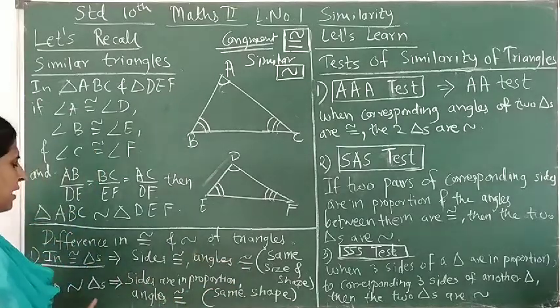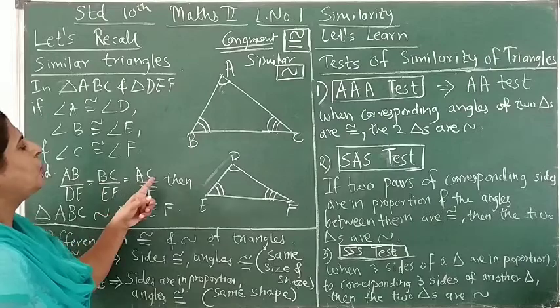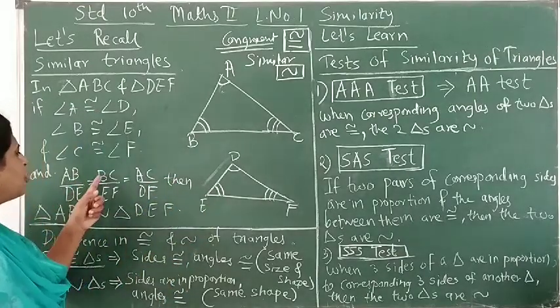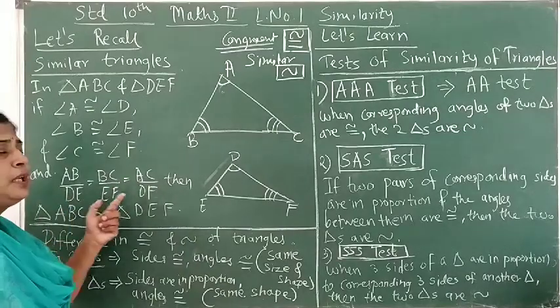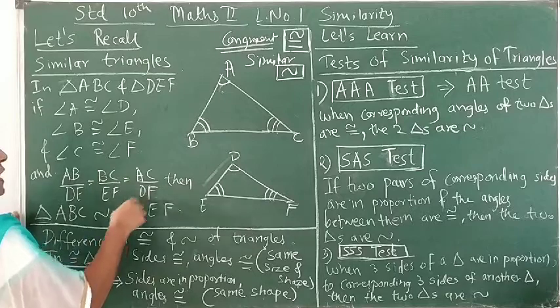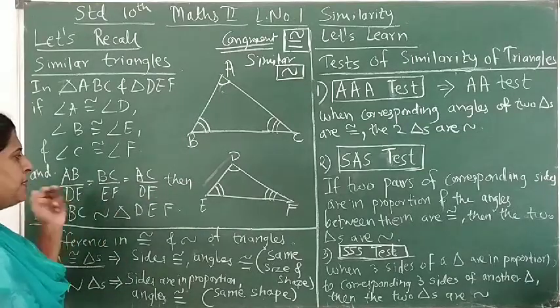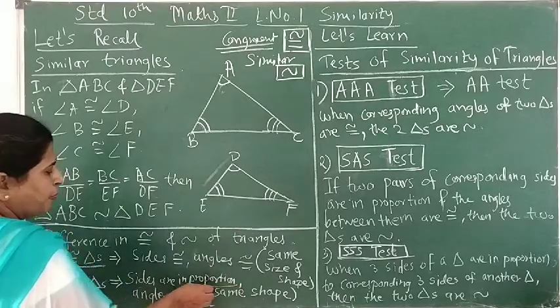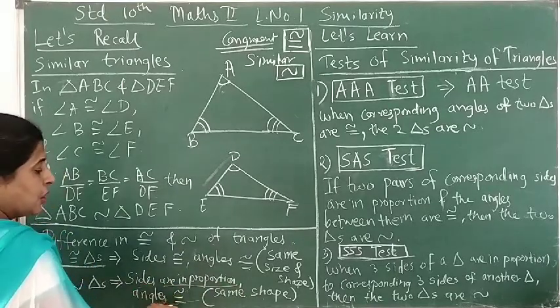But in similar triangles, the sides are not required to be congruent. Their ratios should be the same, meaning they should be in proportion. So in similar triangles, the sides are in proportion and the angles are congruent.